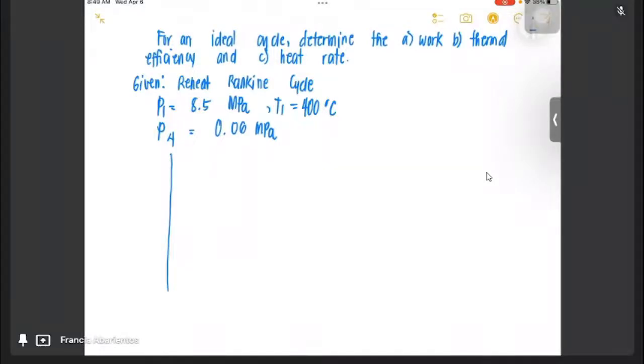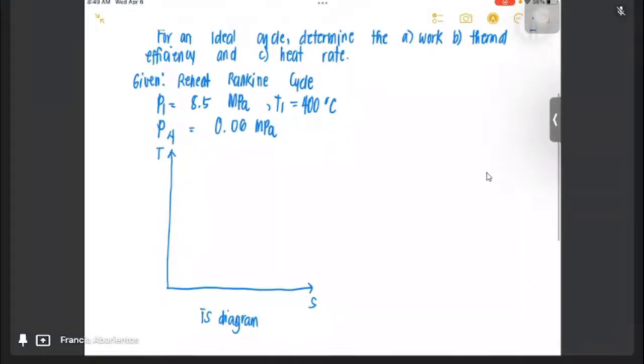So always draw the TS. Use now your TS diagram. And also your schematic natin.